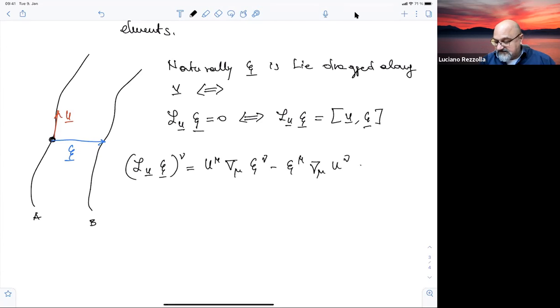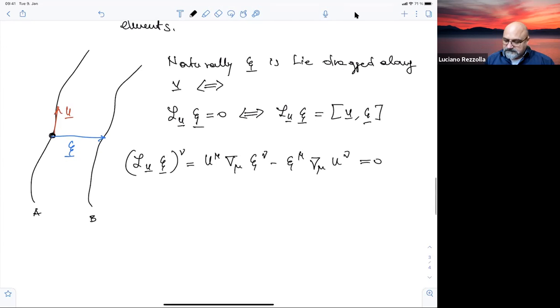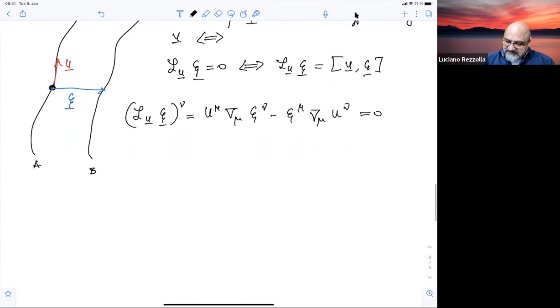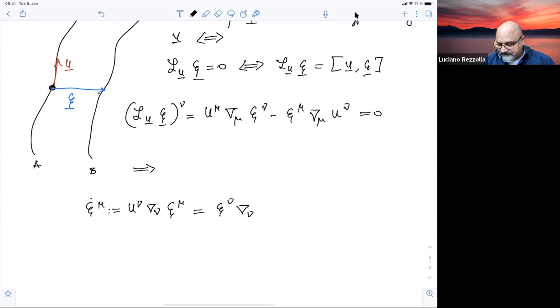And what we've just said is that this quantity is equal to 0, which means that if I put the other quantity on one side, I have that psi dot mu, which I define as the convective derivative of psi^mu, has to be equal to the convective derivative alongside of U^mu.